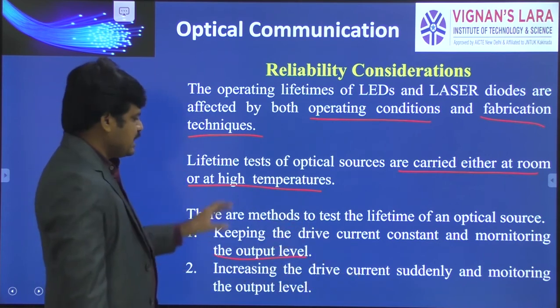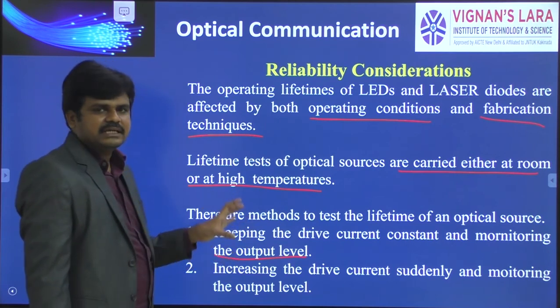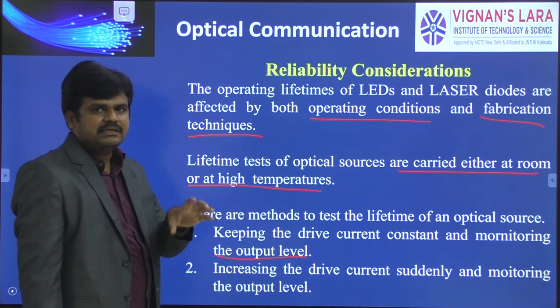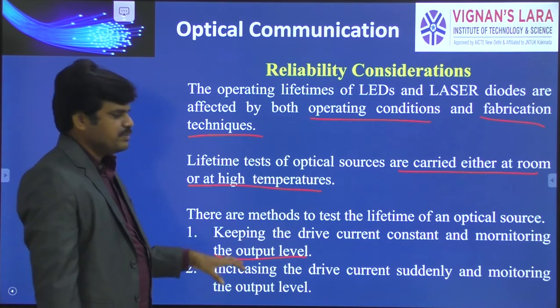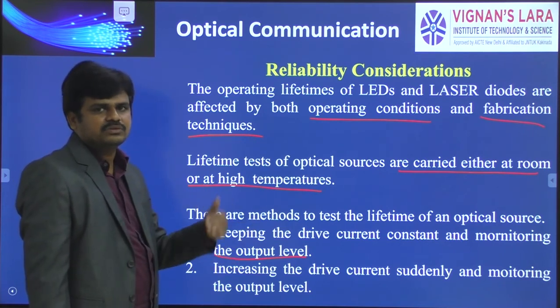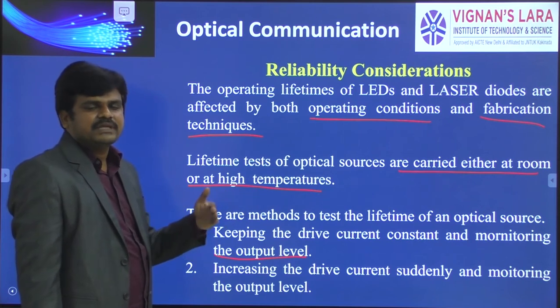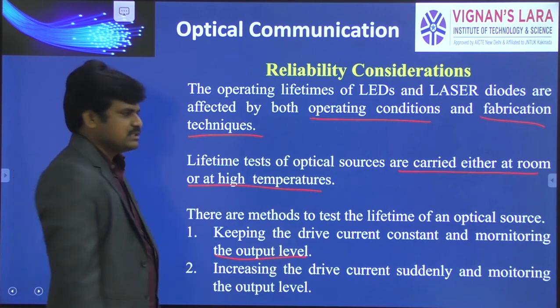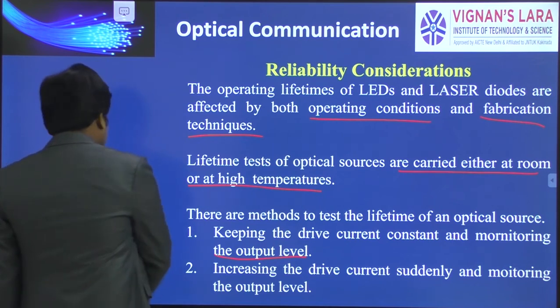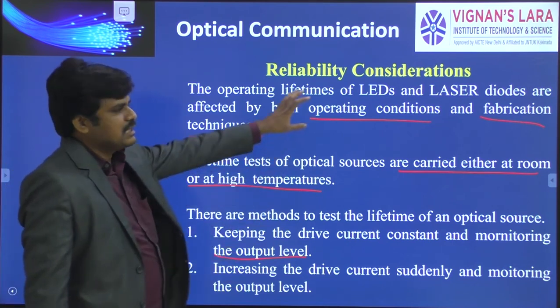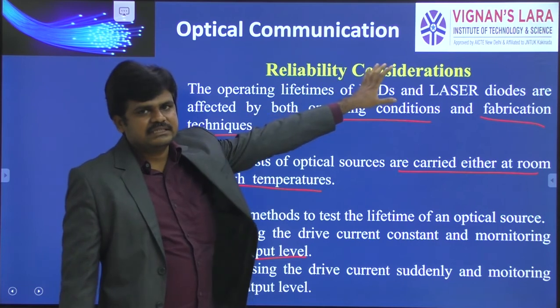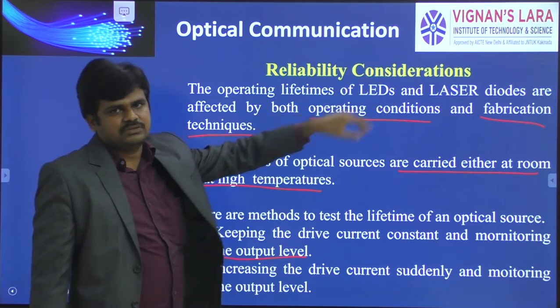This experiment has to be done a number of times on the optical sources so that we can estimate their lifetime. The lifetime of the optical sources comes under the reliability considerations.